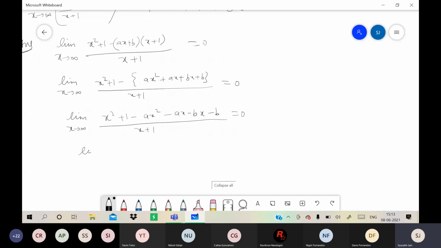Then next step, take x square common, write 1 minus a. Then the next two terms you take minus x common, a plus b. Then 1 minus b upon x plus 1 is equal to 0.